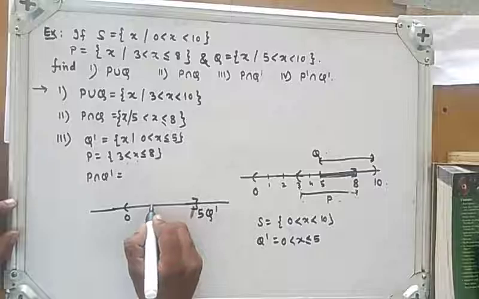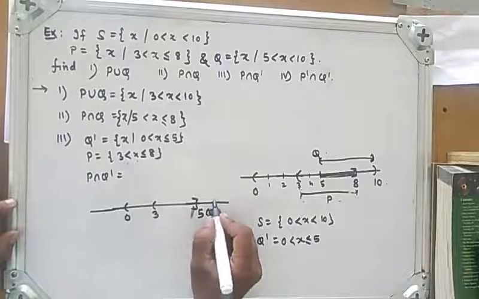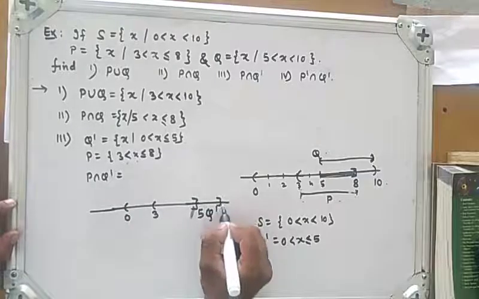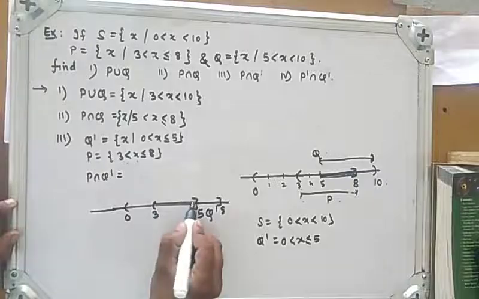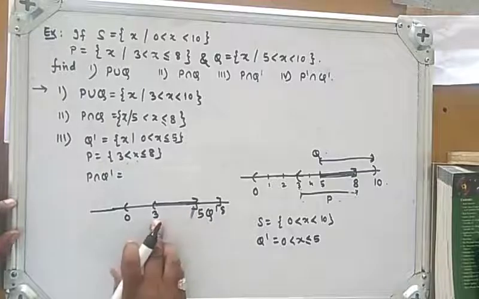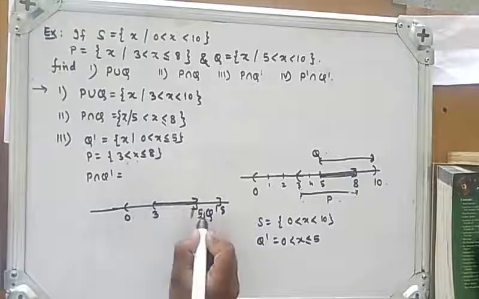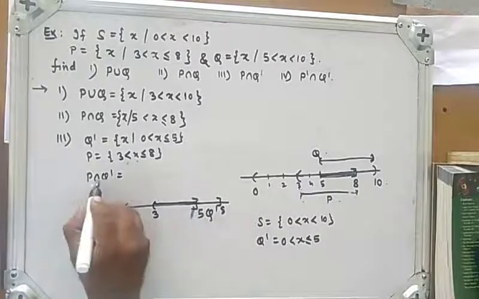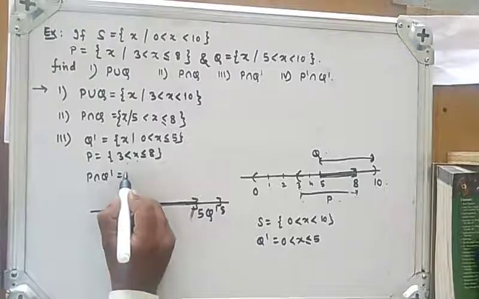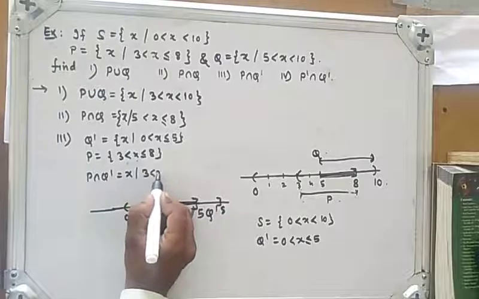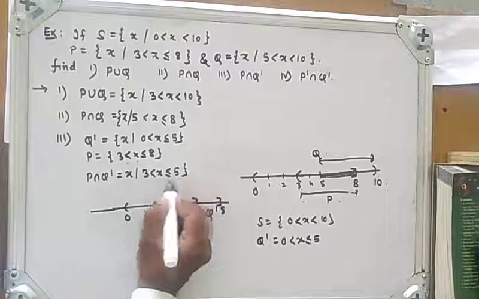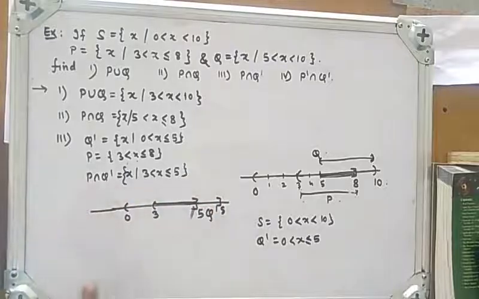So these are the common elements, from 3 to 5. Therefore it has an open interval here and a closed interval here. So P intersection Q complement is X such that 3 less than X less than or equal to 5.